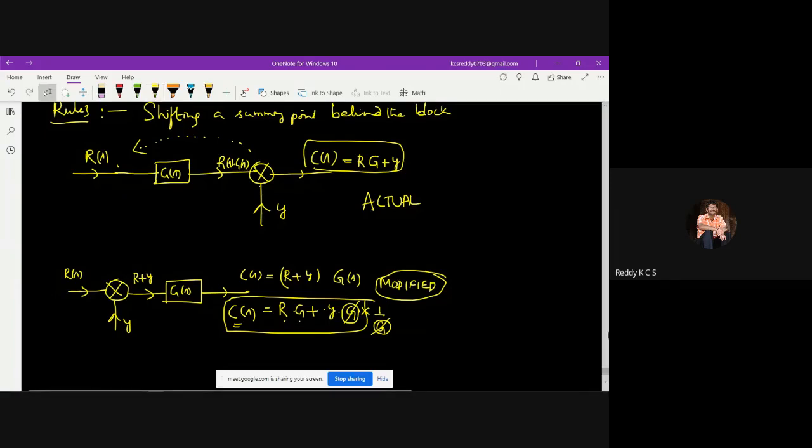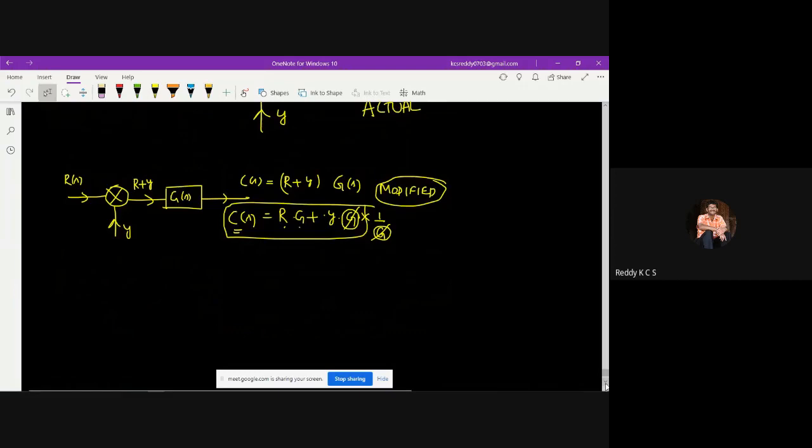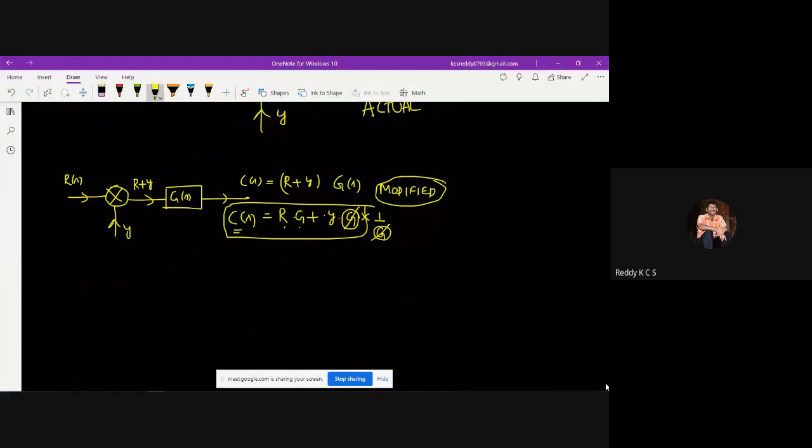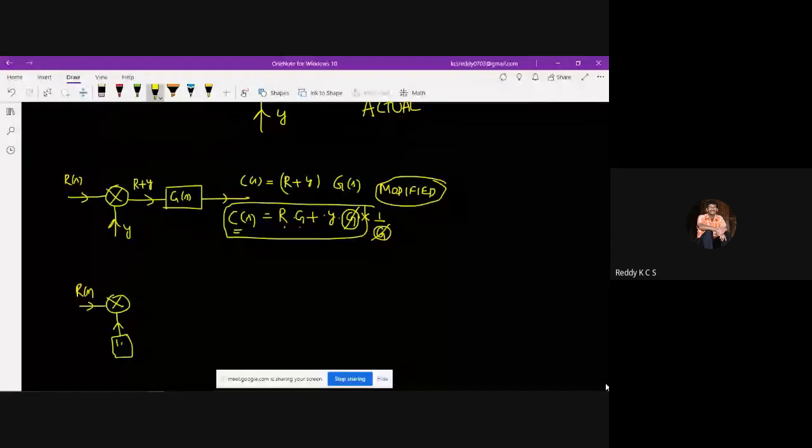Since blocks in series have their gains multiplied, as in rule 1, the small change required when shifting is to keep a block gain value of 1 by g here.